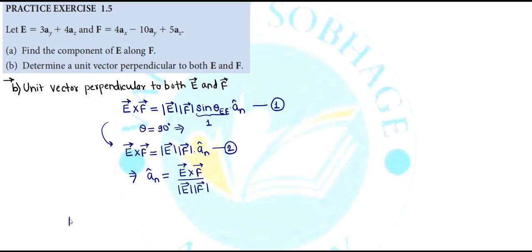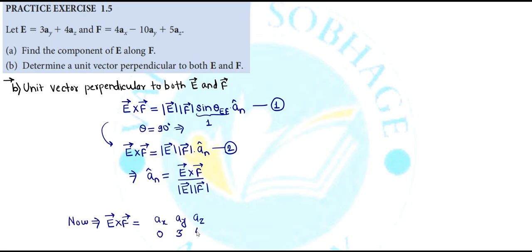Now E cross F will be written as the determinant of AX, AY and AZ. For vector E, the component along X is 0, along Y is 3, and along the Z direction the magnitude is 4. You can see the given numerical.